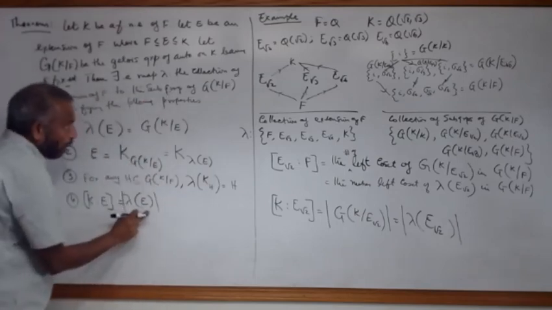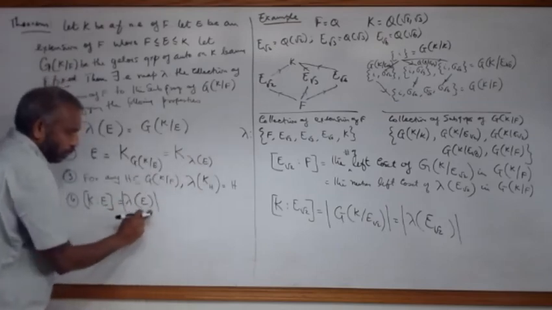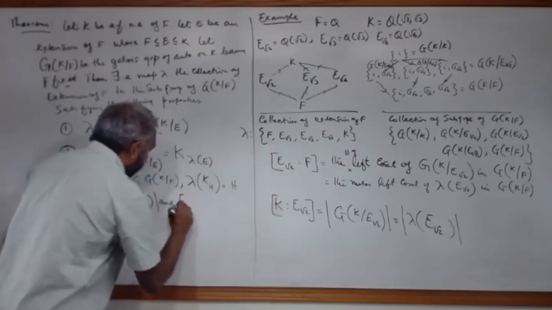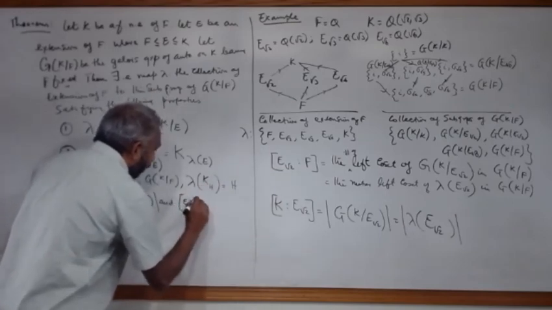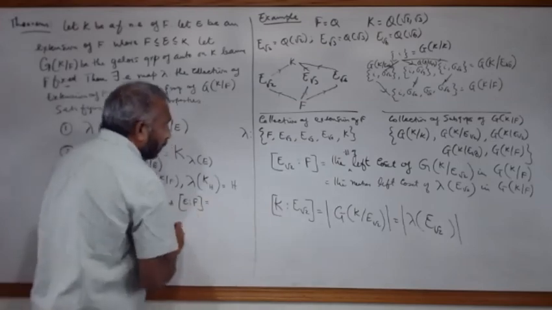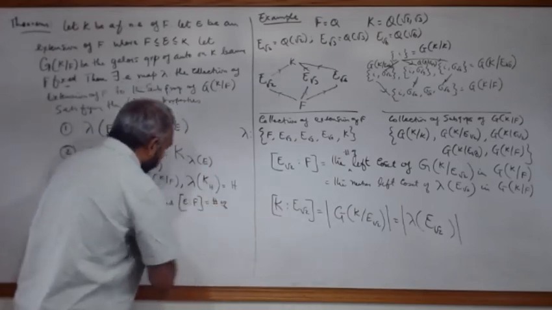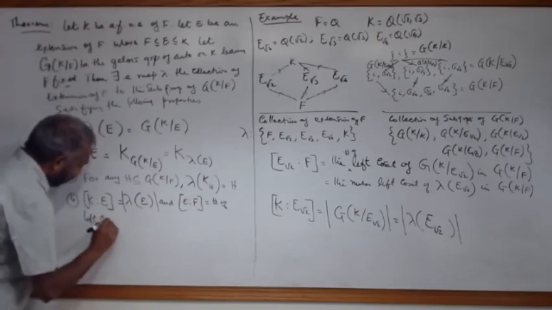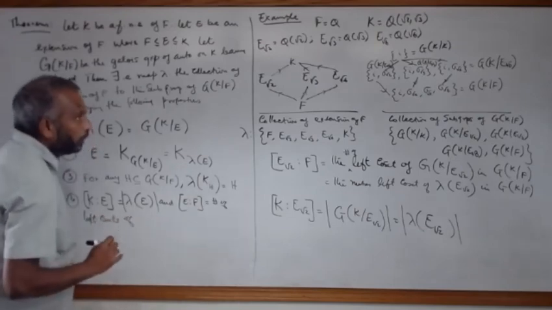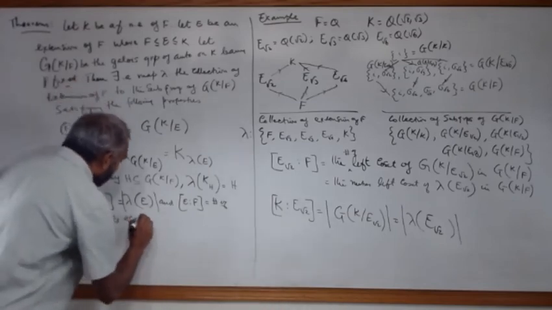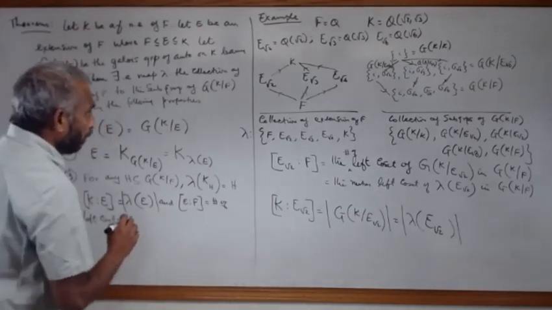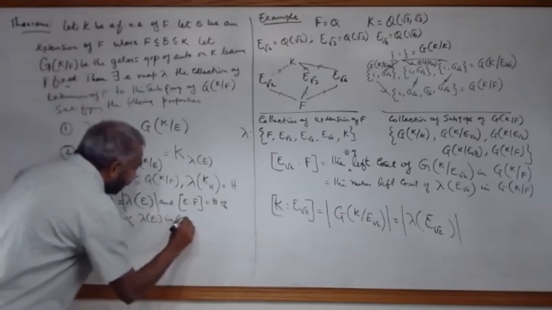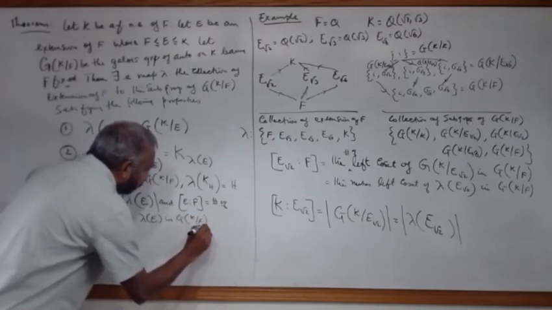So this is a subgroup of G of K over F, and its order. And we'll write that the index of E over F is equal to the number of left cosets of lambda of E in G of K over F.